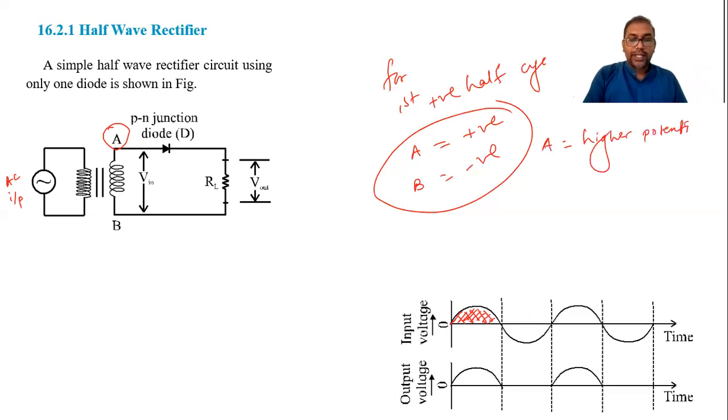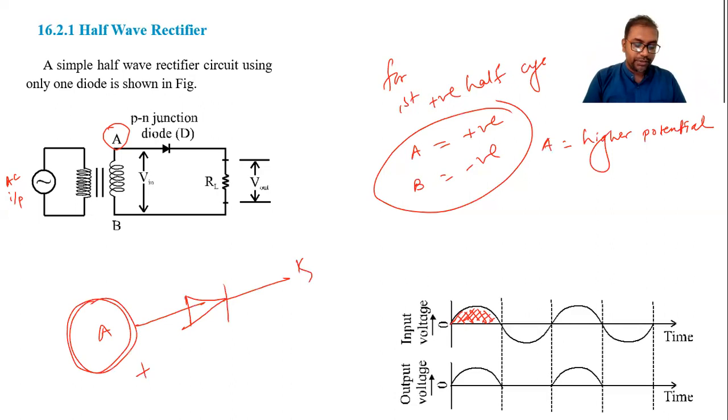You remember one thing here. In a diode, this terminal is called the anode and this is called the cathode. When the anode is at higher potential with respect to the cathode, means when it is positive, then the diode conducts and current flows.